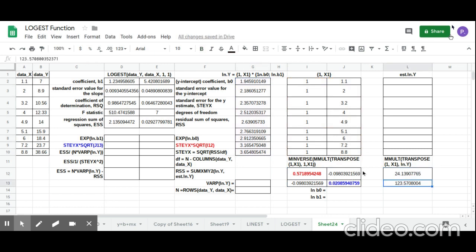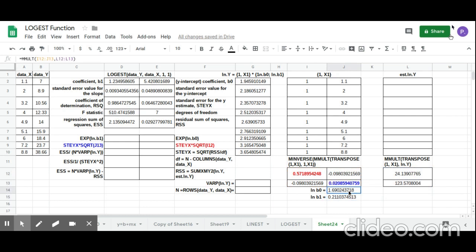Now that we have these two matrices, we can multiply to get the ln coefficient matrix. So this is equal to MMULT, this matrix and this matrix. So we now have the ln coefficient matrix.